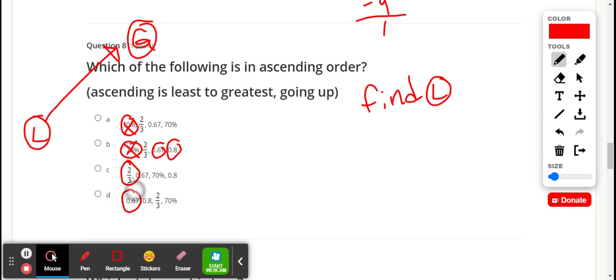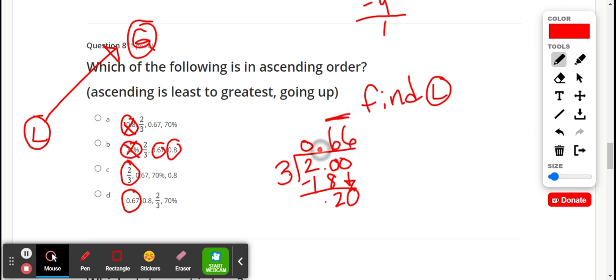So we got to figure out which one of these is the least. 2 divided by 3. 3 does not divide into 2. 3 goes into 20 6 times. 6 times 3 is 18. We subtract, 2 is left over. 3 goes into 20 6 times. That's one of our repeating decimals. So it looks like this one gets the L, and 0.66 is less than 2/3, or less than 0.67. So 2/3 is going to take the L.